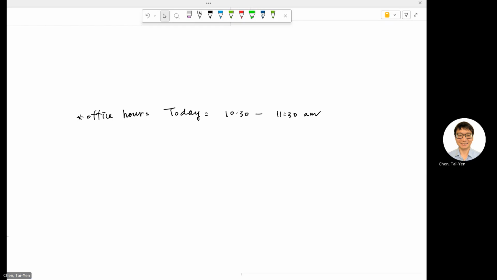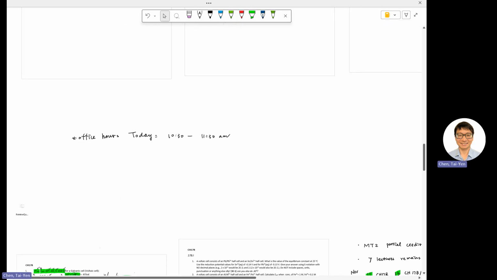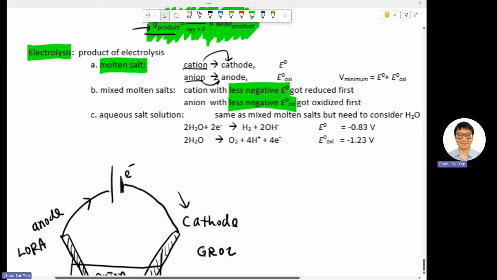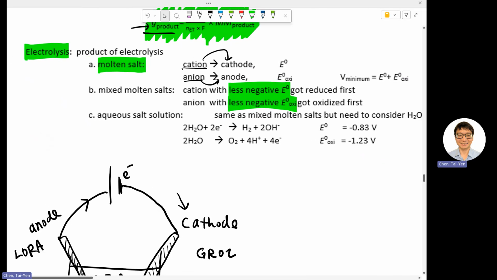So first thing first, just a refresh of our memory. At the end of the previous lecture, we started to describe electrolysis, meaning you use a big battery to create electrochemical reactions within the beaker, right?